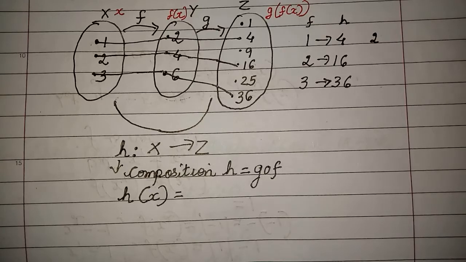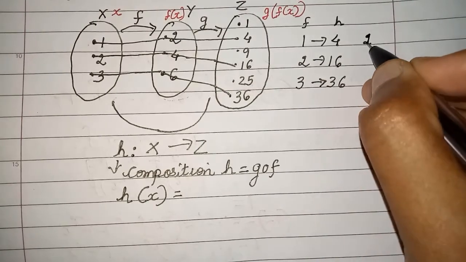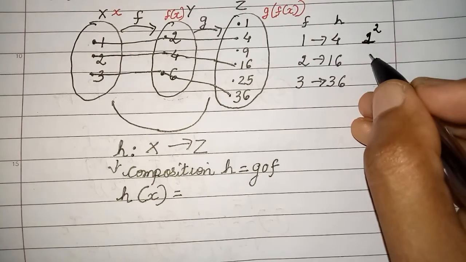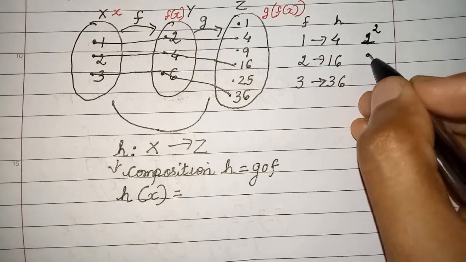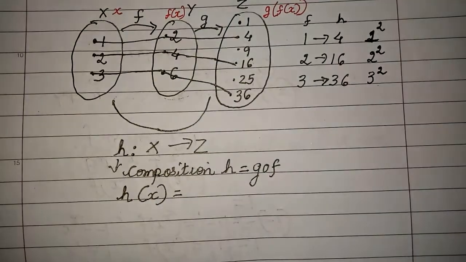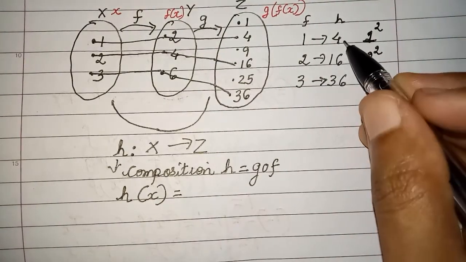So what will we do here? Let me start with 1. 1 square is 1. Suppose I write here 2 square, and suppose I write here 3 square. Now it is 1, it is 4 and it is 9. So what is short here is 4.